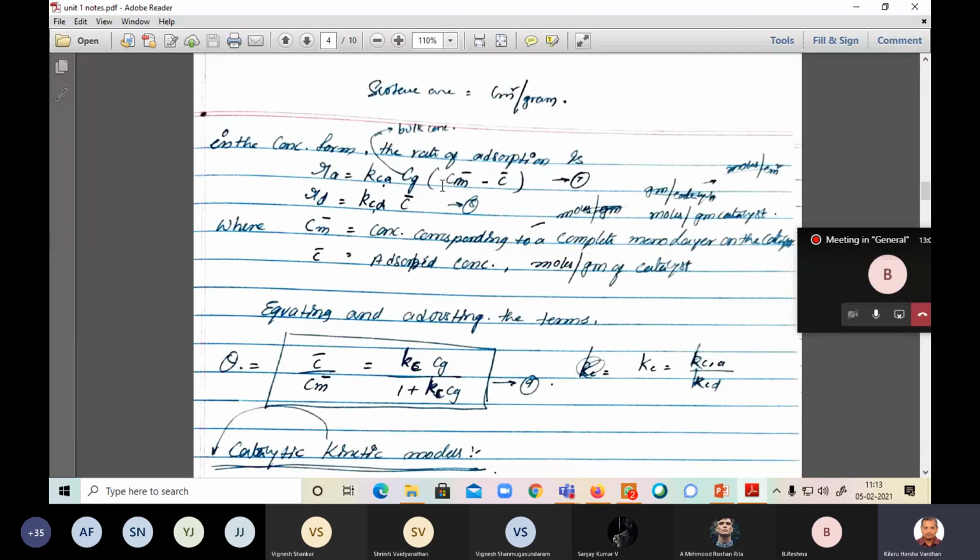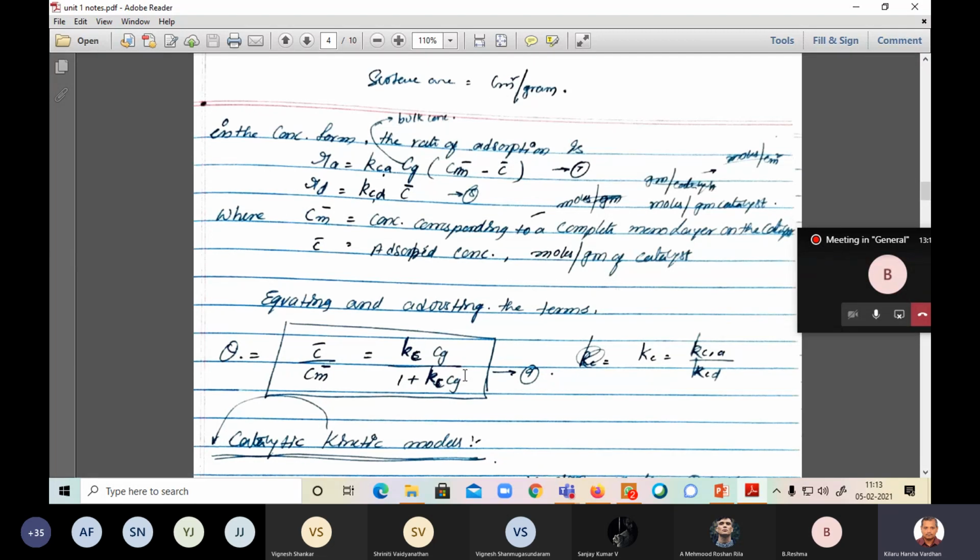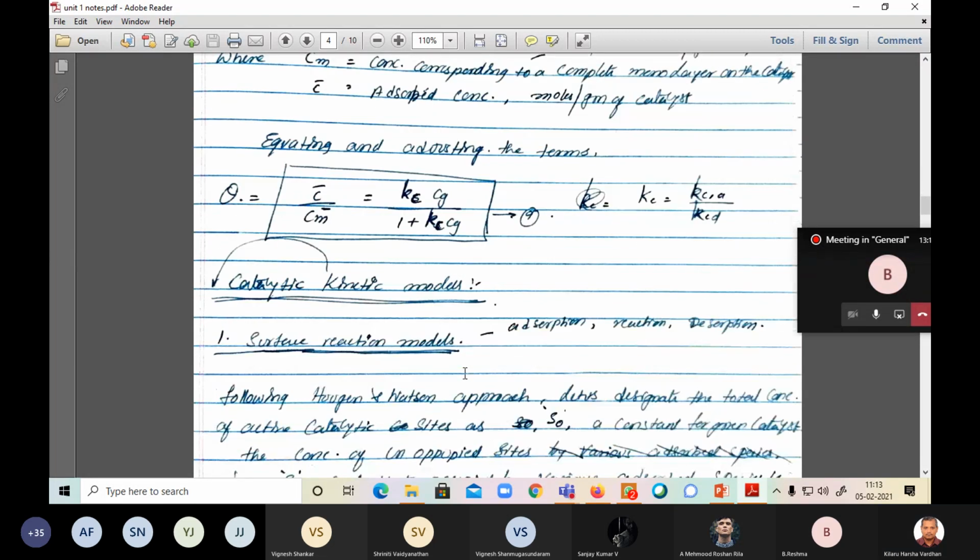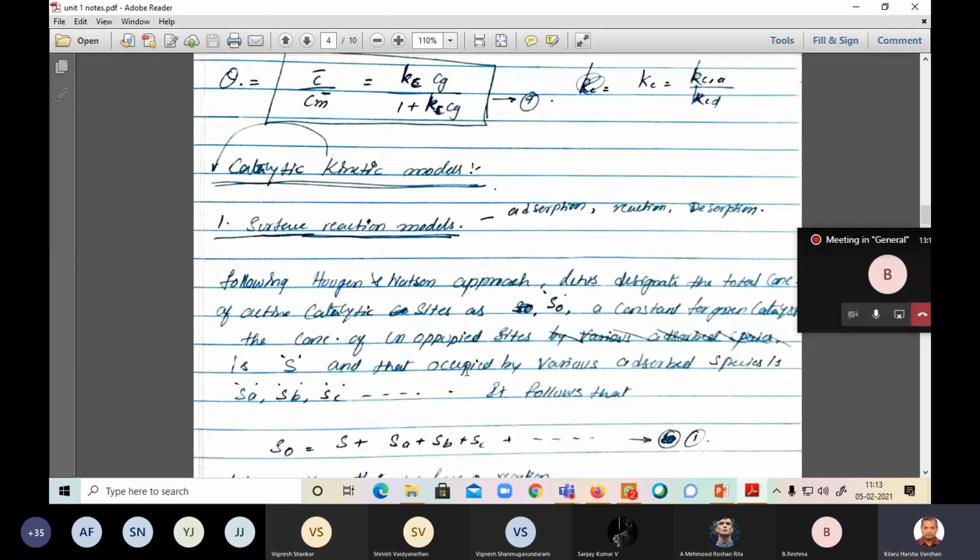When you are writing in terms of concentration, your driving force also should be in terms of concentration. You can write theta like this, Kc into Cg divided by 1 plus Kc Cg, right? Cg is the gas concentration. So here, when we want to discuss these kinetic models, there are three steps which will come into picture: adsorption, reaction, and desorption.